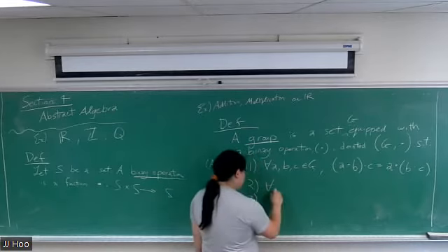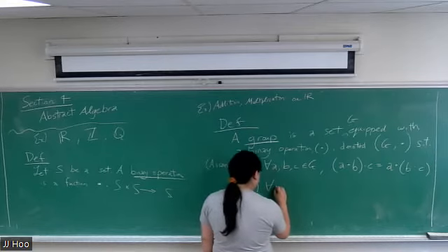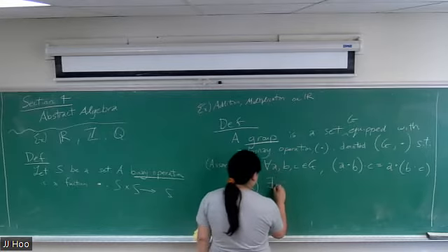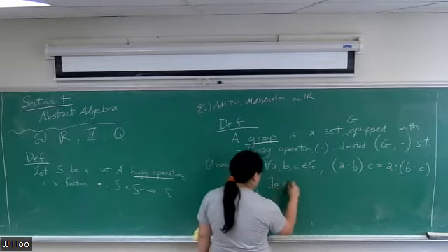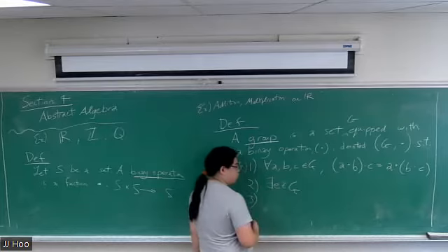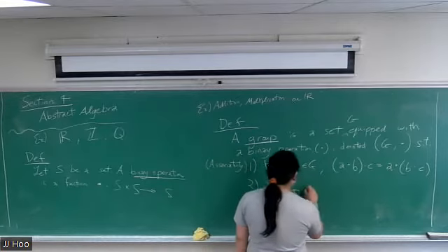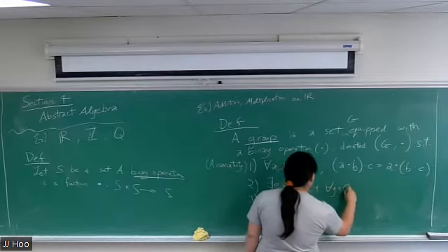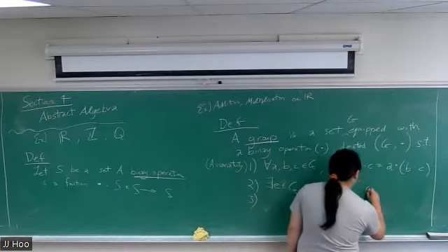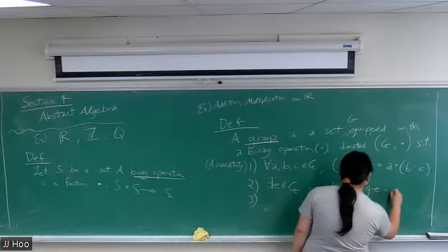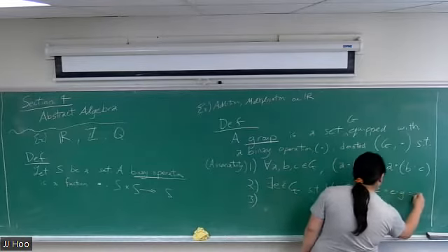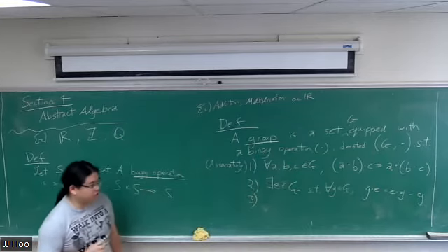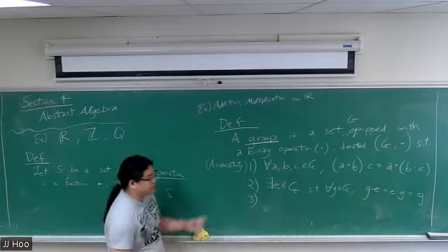Well, there exists an element, we'll call it little e, and I'll talk about that choice in a little bit, such that for all little g in the group, when I put it together with e, regardless of the order, I get back g, that same element.